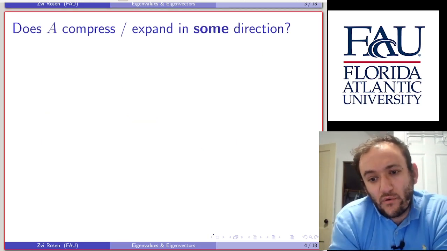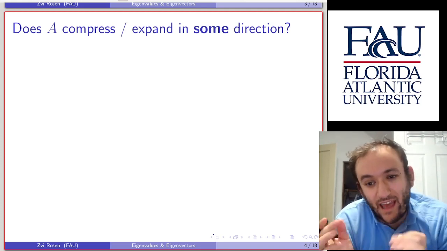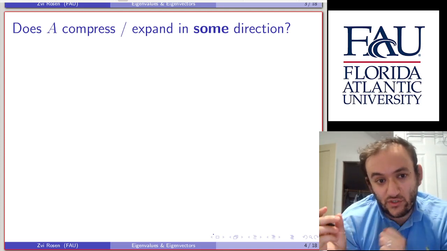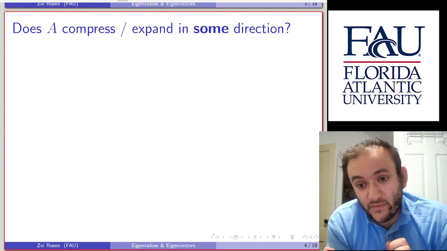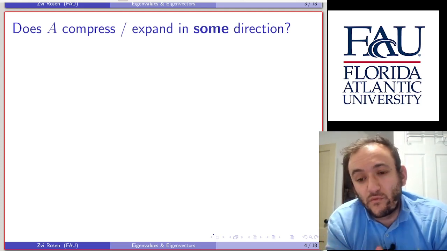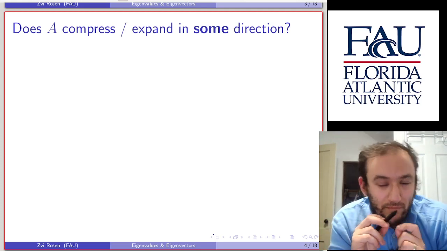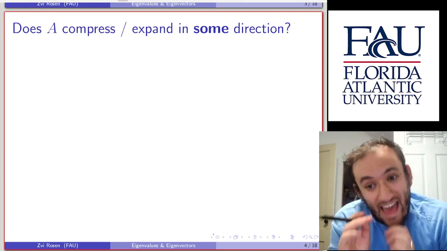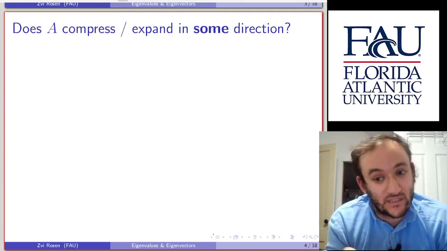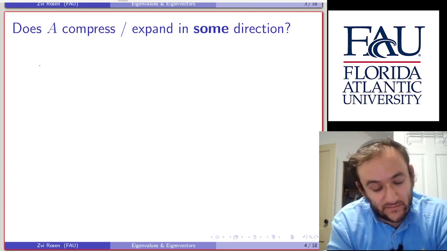Okay, so we've now looked at dilations and contractions and matrices designed to compress or expand in a specific direction. But what if we're just given a random matrix and we want to know maybe there's some direction where the matrix acts like a compression or expansion, okay? And just scales that single vector.